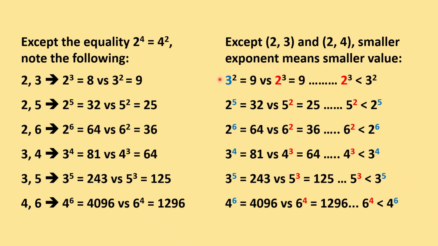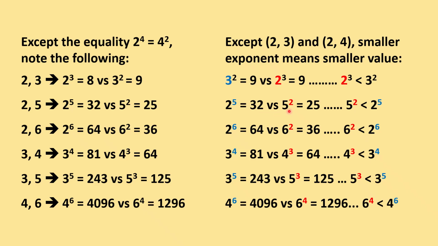So except 2 and 3, you will see in all other cases, wherever the exponent is smaller, the value of the number is smaller. It depends on the exponent. The base may be bigger, the base may be larger, the base may be greater.